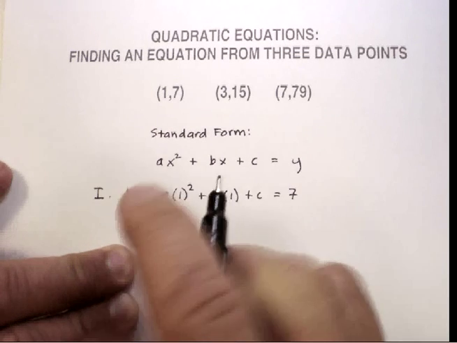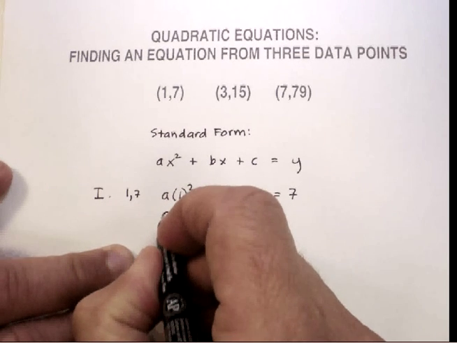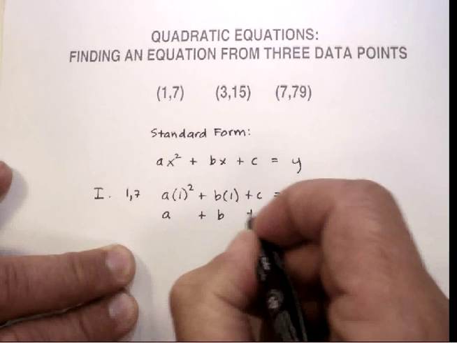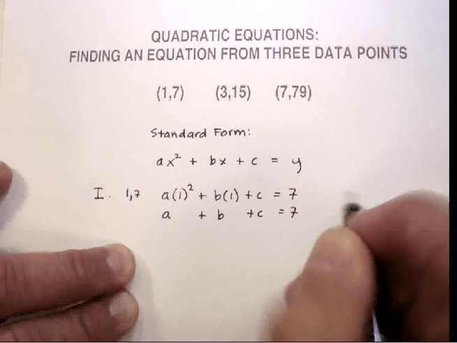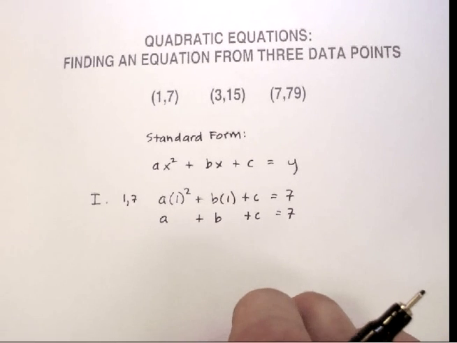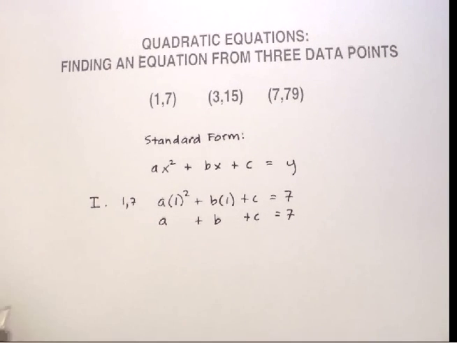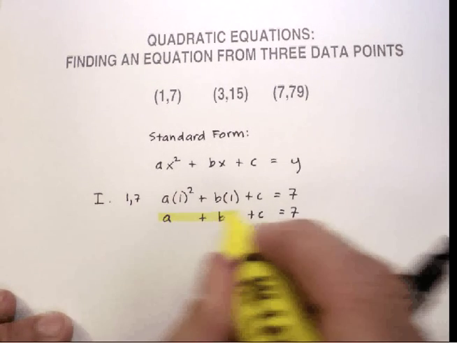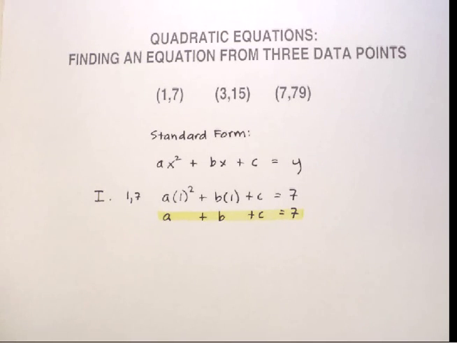A times 1 squared is just 1a, so it's a plus 1b plus c is equal to 7. So now we've got the equation a plus b plus c equals 7.